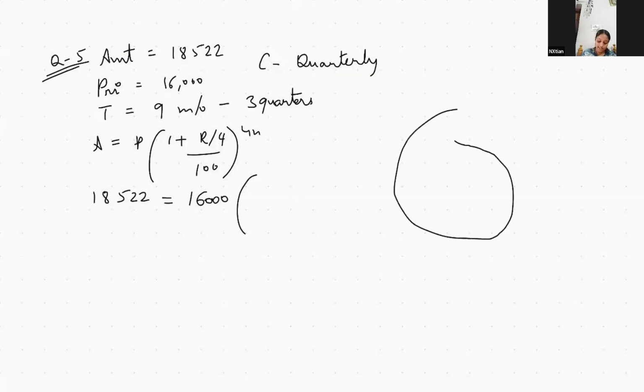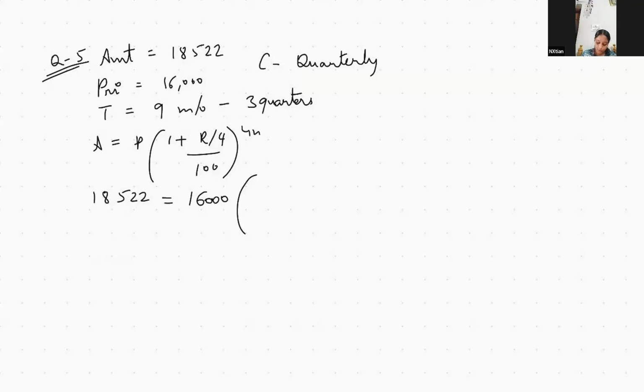Yes. Same thing. But you might not be able to find the cube roots of 18,522 and 16,000. So first divide it, and then you do the cube root.